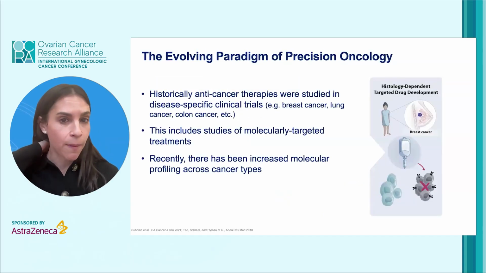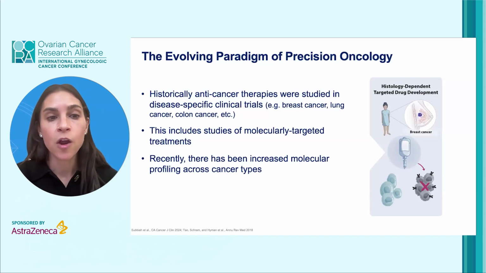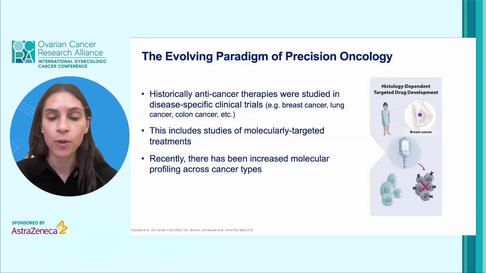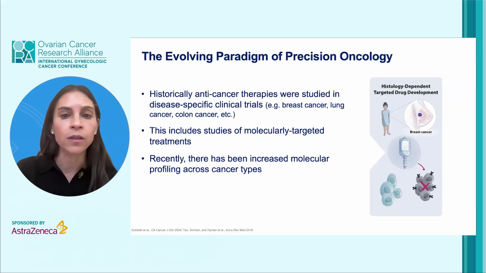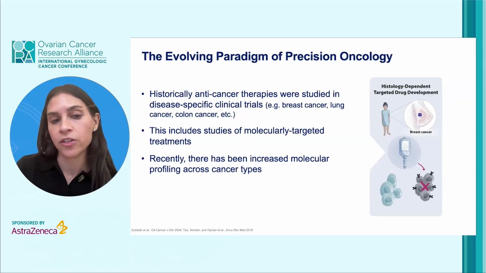But there is this evolving paradigm of precision oncology. Historically, anti-cancer therapies were studied in disease-specific clinical trials, which makes sense because that's how we were thinking about and treating cancers. So for example, a clinical trial would test a new drug in breast cancer or in lung cancer or in colon cancer. And this includes studies of molecularly targeted treatments.